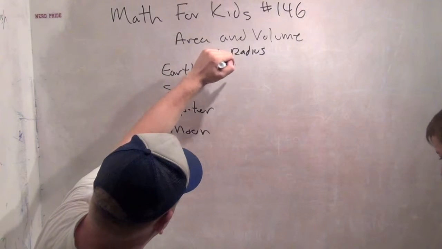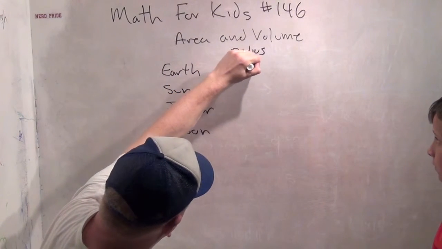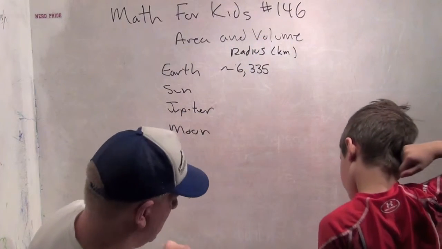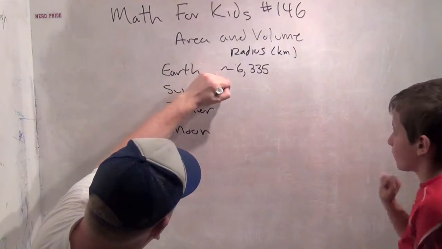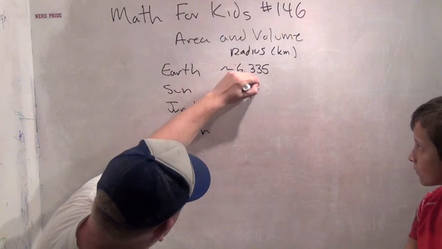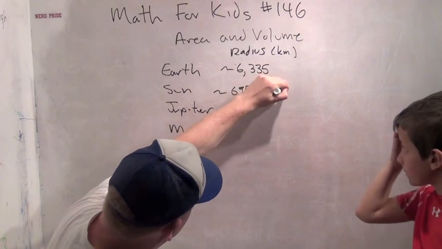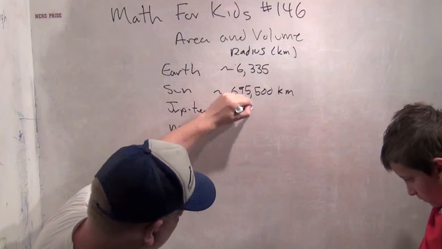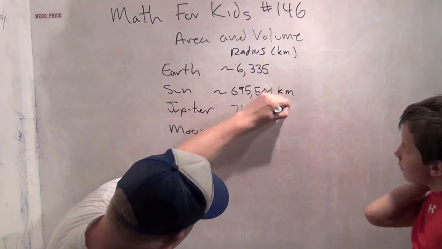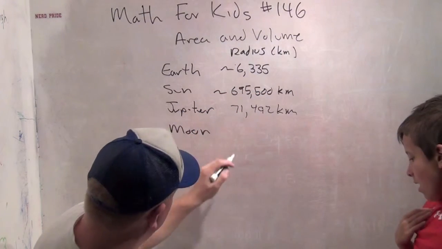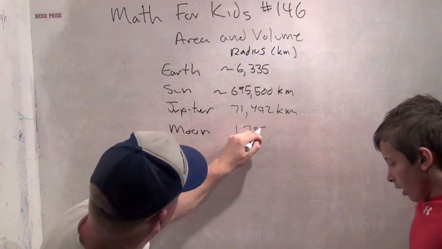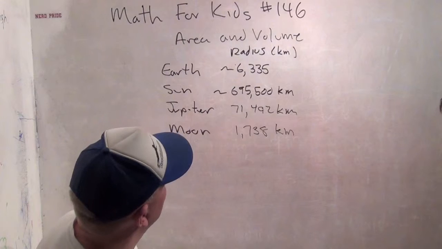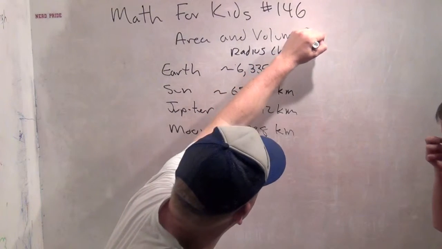The Earth was about 6,335 kilometers. The Sun was 695,500 kilometers. Jupiter was 71,492 kilometers. And the Moon was about 1,738 kilometers.